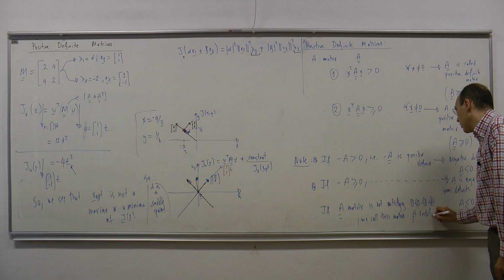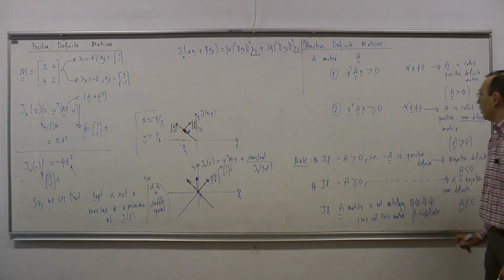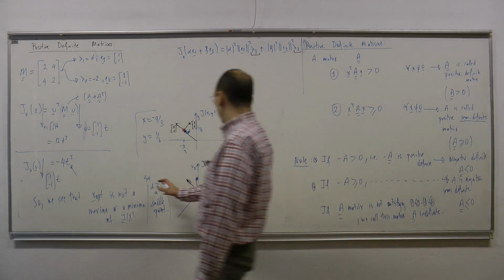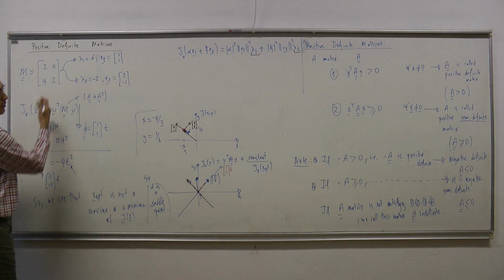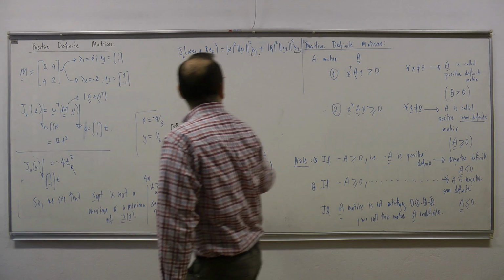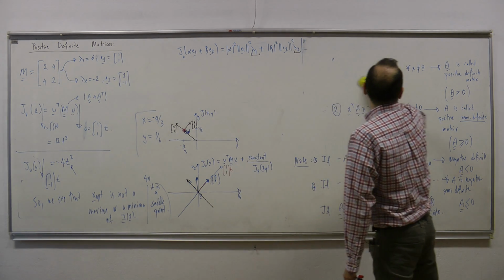So it's neither positive nor positive semi-definite or negative definite or negative semi-definite. This is indefinite. And this corresponds, in our case, to an indefinite matrix. Okay. Well, very good. So let me write now some results.